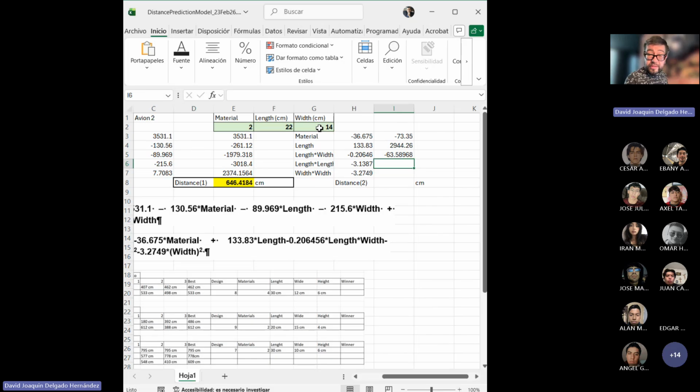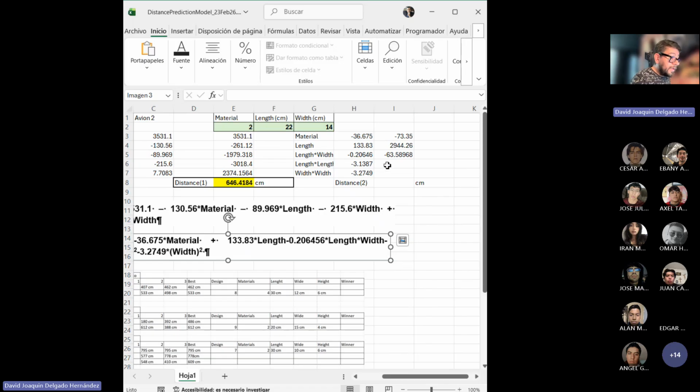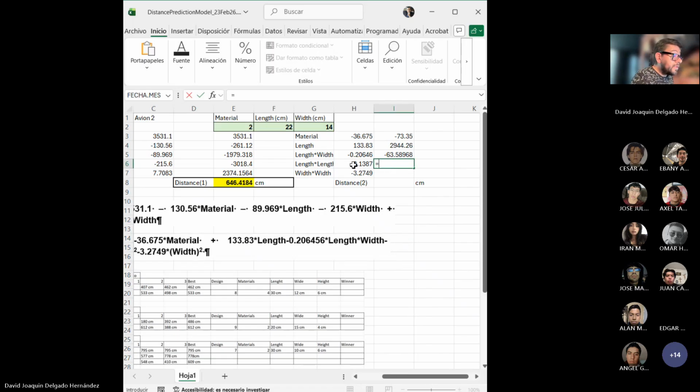I am just following the formula that is put down here, this formula, okay? Well, the following quantity is this coefficient times length times length, because it's to the second power. Okay? And finally, this is this coefficient times the width to the second power.